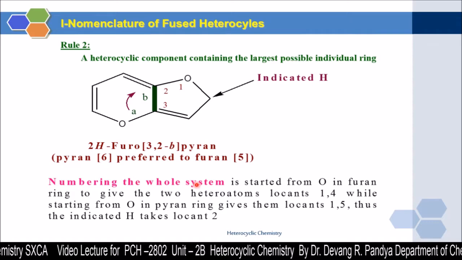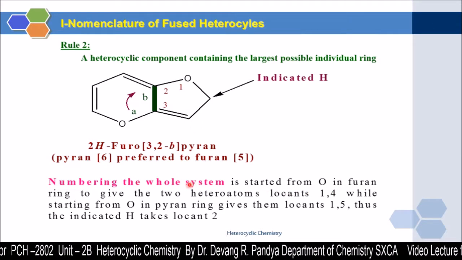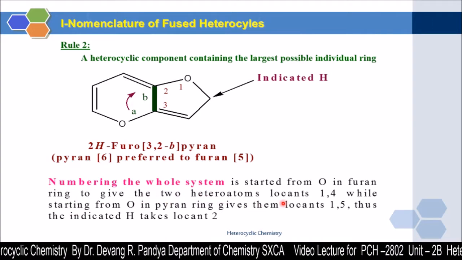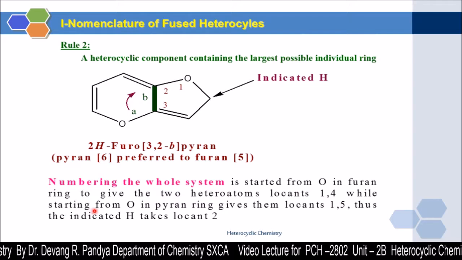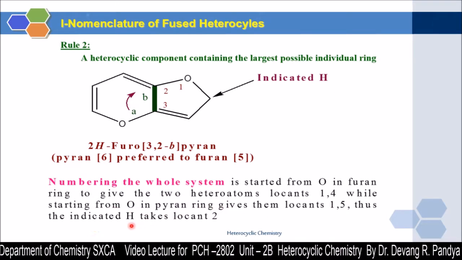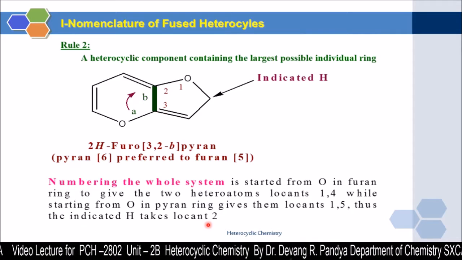Now numbering of the whole system starting from oxygen in the furan ring gives the two heteroatoms locants 1,4, while starting from oxygen in the pyran ring gives them locants 1,5. Thus the indicated H takes locant 2.